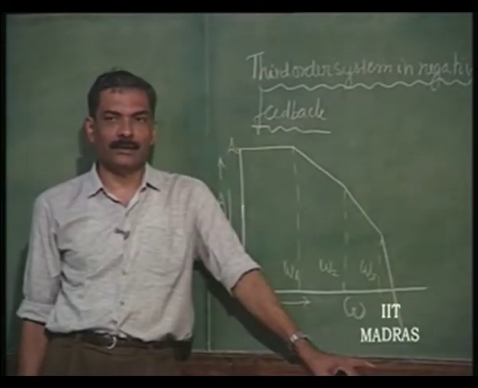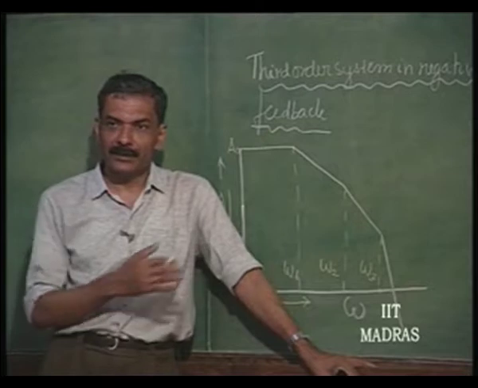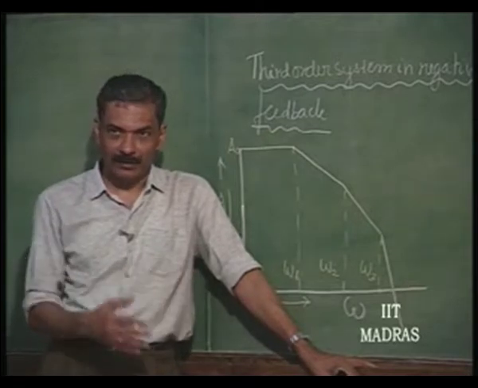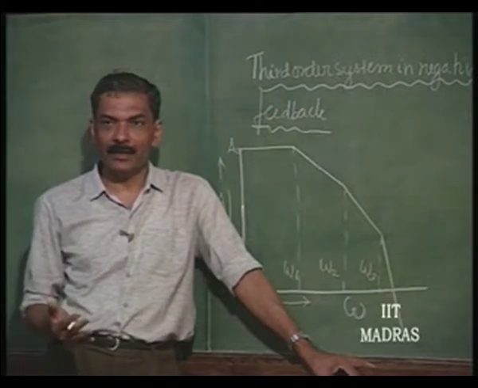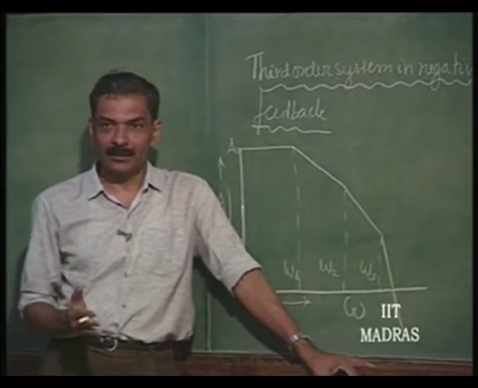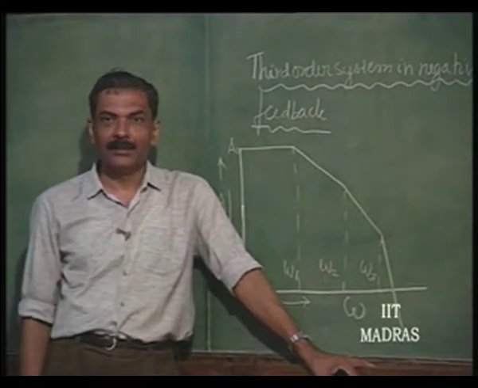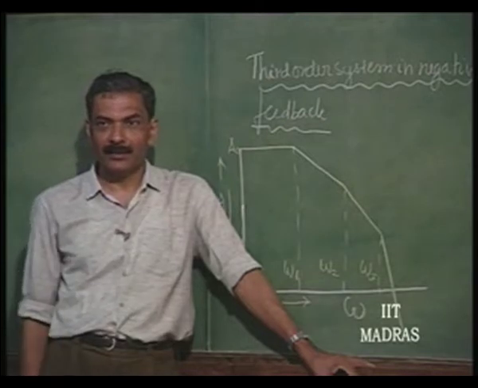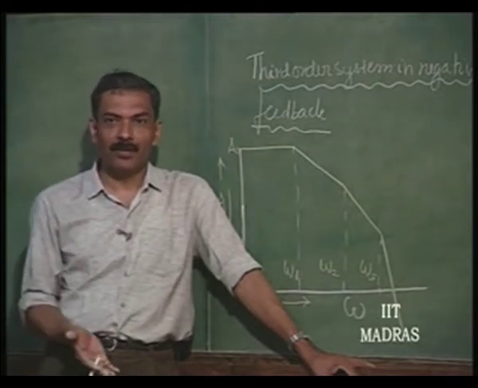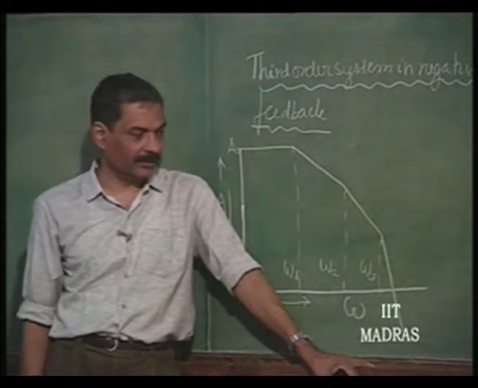So, now let us consider the third order system put in negative feedback. We have so far considered first order and second order. What happened in the first order was the bandwidth improved in such a manner that gain into bandwidth was a constant. What happened in the second order system was that the poles which were originally lying on the negative real axis got shifted to complex conjugate pairs, and they could come very close to the imaginary axis.